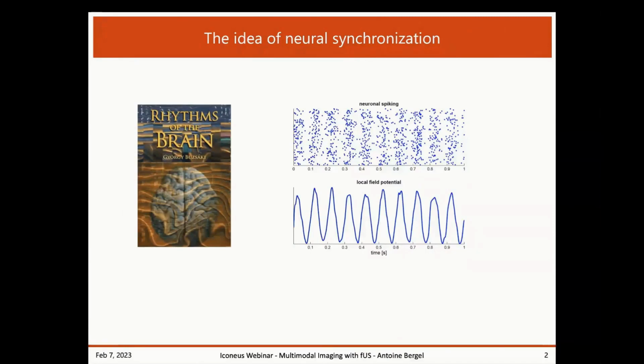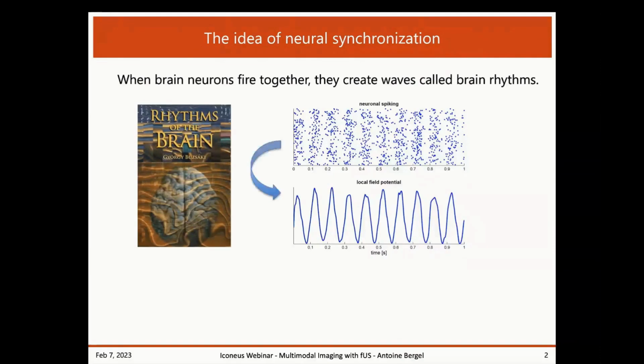I was super interested in the rhythms of the brain, the question of neural synchronization. My understanding was that when brain neurons fire together, they create brain waves, and these brain waves are called brain rhythms. Basically, when you have correlated spiking in the neuronal activity, you have fluctuation of the electrical potential that is detectable by macro electrodes at the surface of the skull.